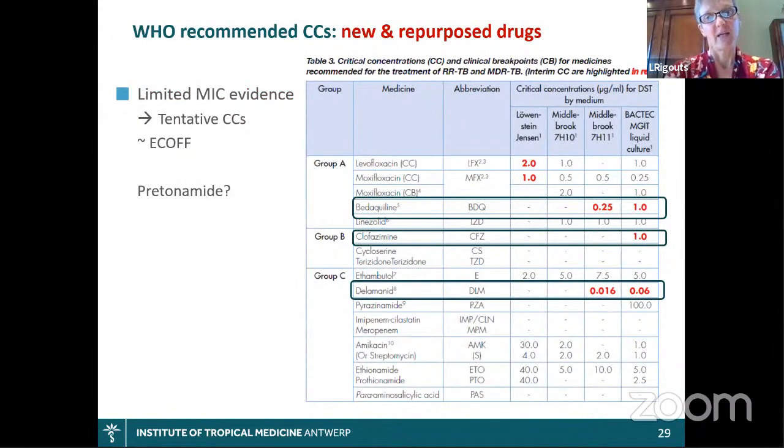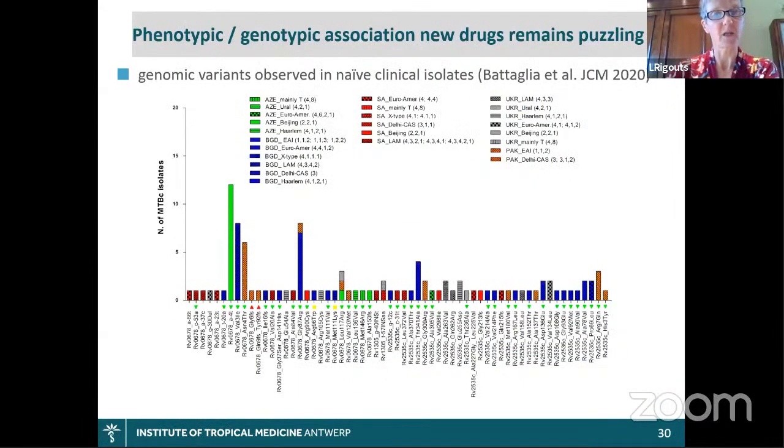On the other hand, we have the new and repurposed drugs like bedaquiline, clofazimine, and delamanid, and there are some recommendations that are made on the limited MIC data available. So there are tentative critical concentrations that have been proposed, and they are mostly defined based on the ECOFF. But what about pretomanid, for instance? So there's still some work to be done.